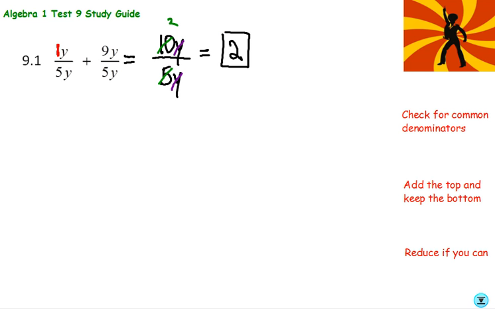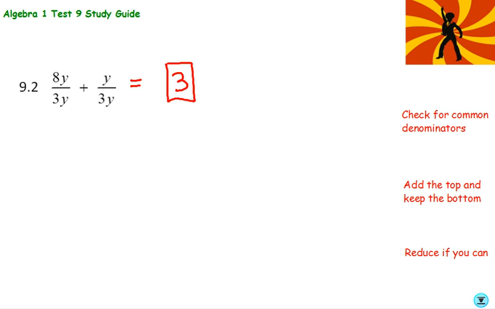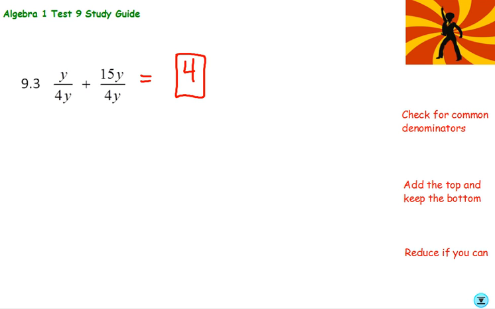All right, so 9.2 should have got 3 for your answer, and for 9.3 should have got 4. Again, if you struggled with either one of those, pause it, see if you can figure it out. If not, ask me. If not, we will move on to the last question.